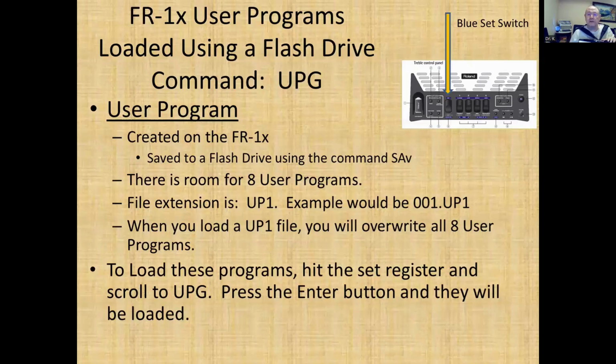And the Roland, the FR-1X, will actually suggest what the file name should be, and you don't really have a choice of changing it. Okay, it will give you the next one in line. So if you had 0, 0, 0, 1, 2, 3, 4, it would give you 005 as a file name for you to save these.